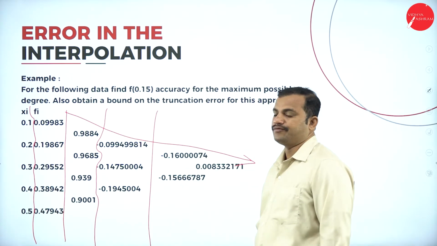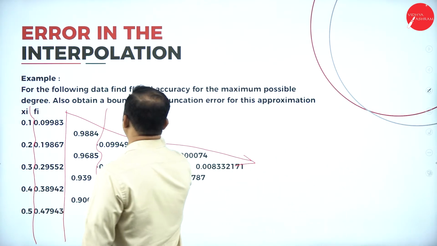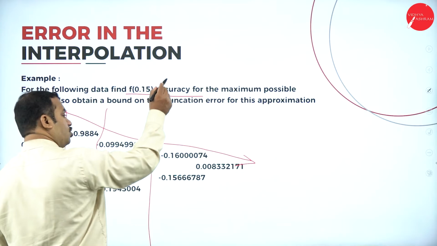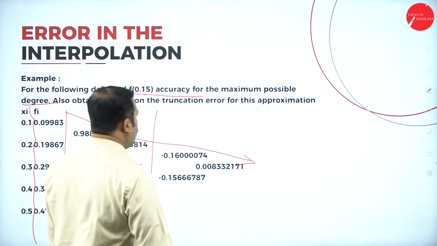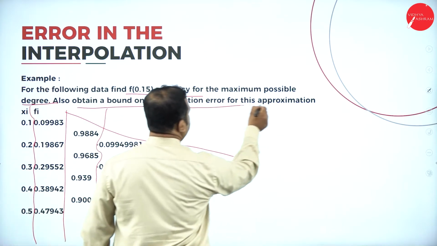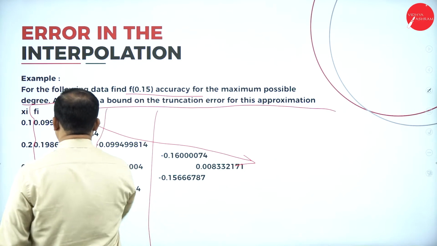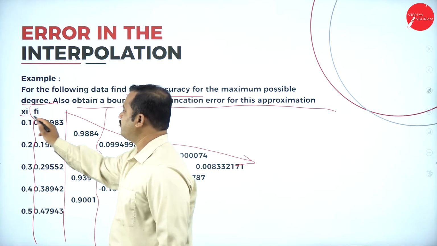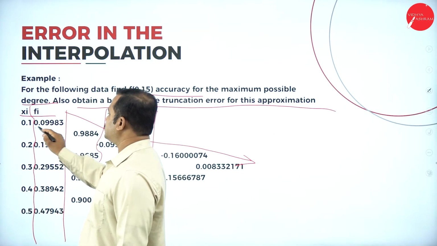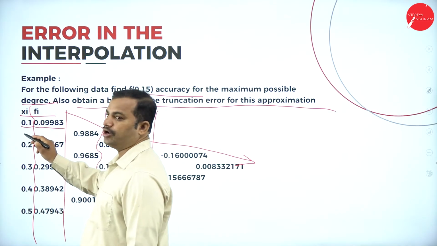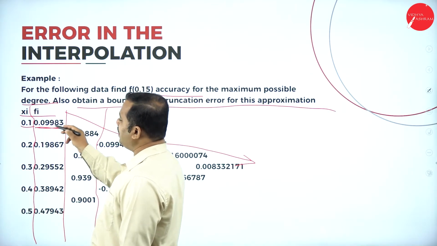Let me consider one example problem in which you have to find the accuracy of f of 0.15 for the maximum possible degree. Also, obtain a bound on the truncation error for this approximation. I have a column xi equal to 0.1, where f of xi is 0.009983.